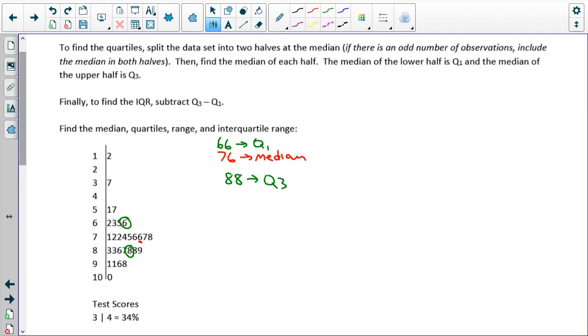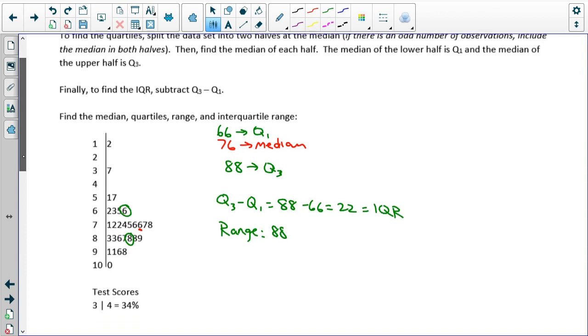So if we want to find the interquartile range, all we have to do is Q3 minus Q1. So that's 88 minus 66, which is 22. So 22 is the interquartile range in this problem. The range is much larger. It's 100 minus 12, or 88. So that's how we would do that problem.